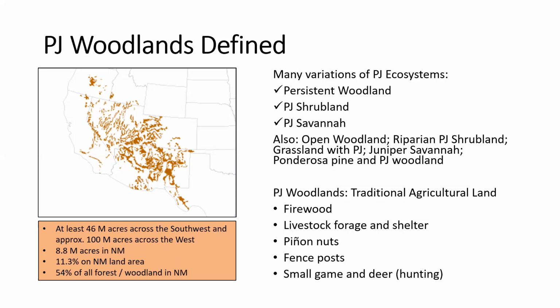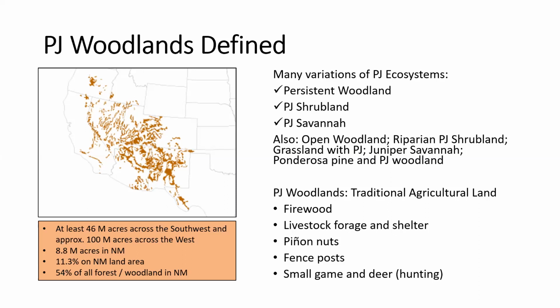The second type is the pinyon juniper shrubland, or wooded shrublands, and they're found where local soils and climate support shrub communities, but trees can increase during moist climatic conditions and periods without disturbance, such as fire, and then decrease again during droughts or following disturbances. Soils can have a variety of textures, from fine to coarse, and again, also here, winter precipitation is typically the most important in this ecosystem type.